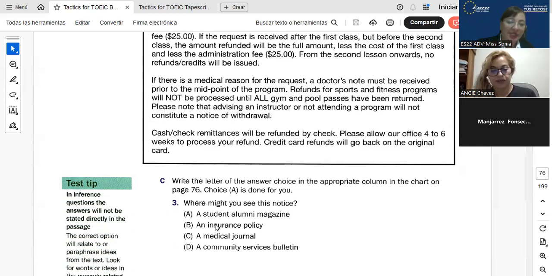And we are going to check these and other text types, because as readers, we are used to reading different text types, but sometimes we are not used to identifying them because it's not that common, probably. But in certifications, yes, they always do it.